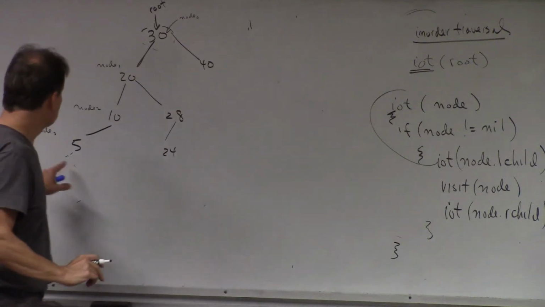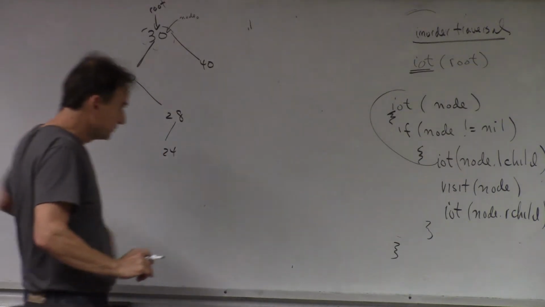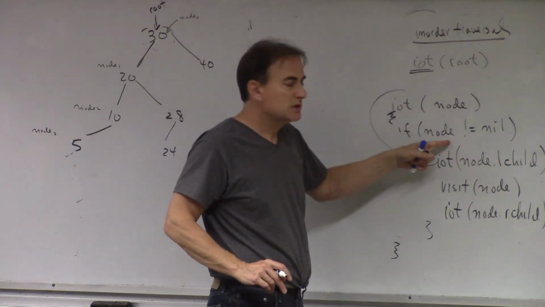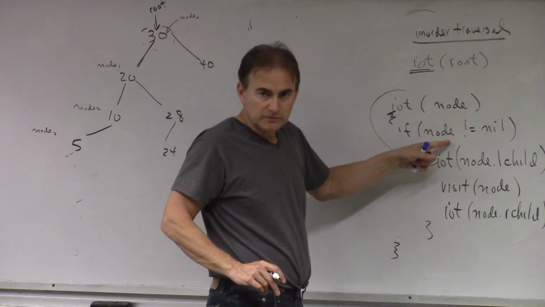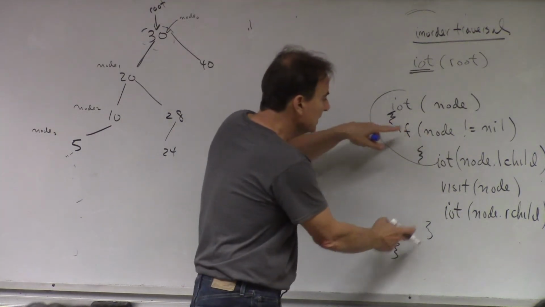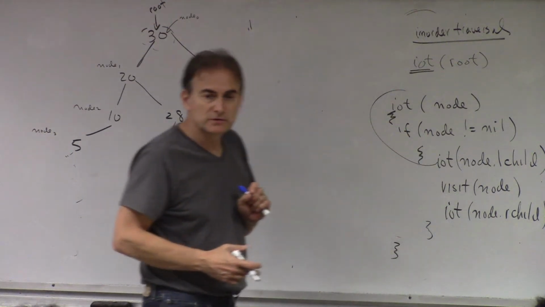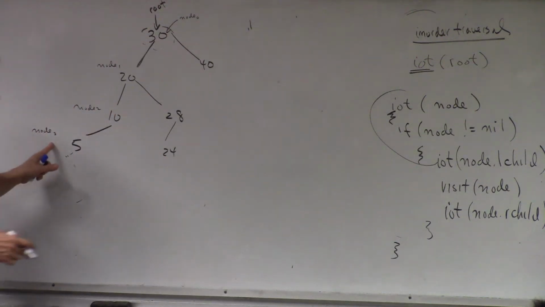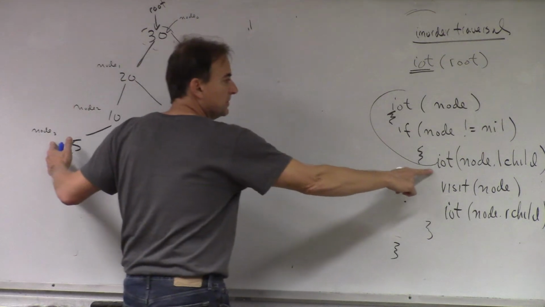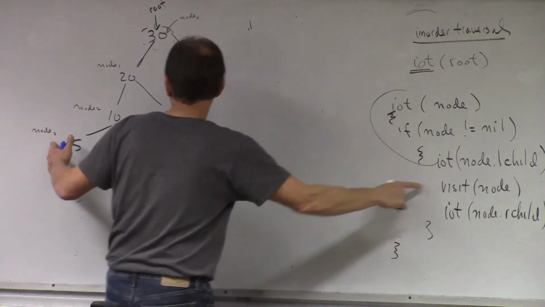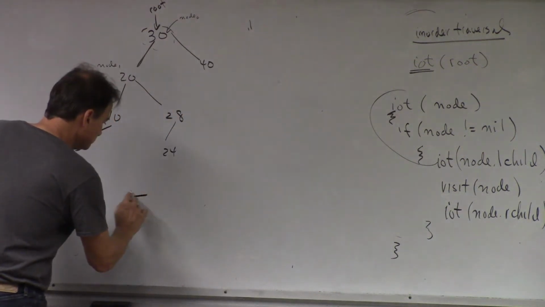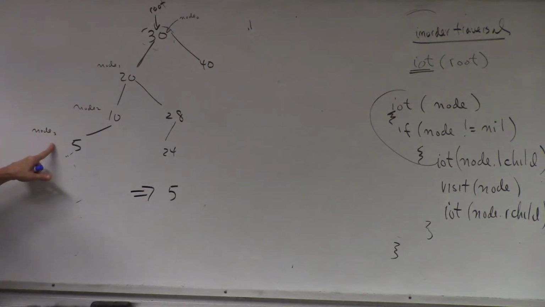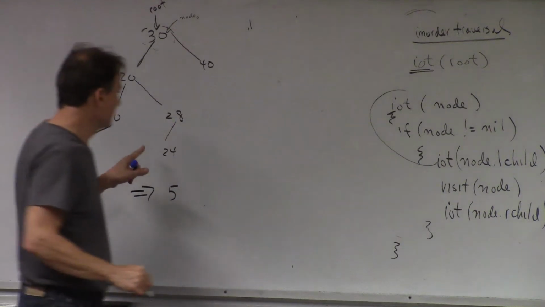So what happens is, this recursive level 3 sends a nil value to level 4. The condition is false, which means that this is skipped and the function returns immediately back to level 3. Last time we were at level 3, we recursed with a nil pointer, so now we visit the node, which means we print the 5.